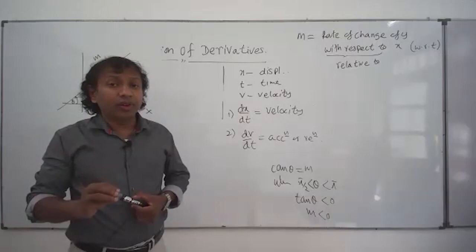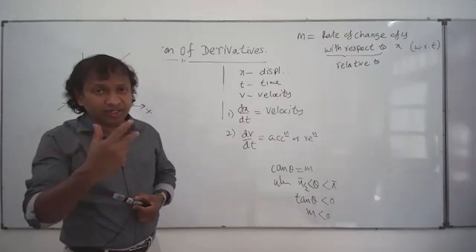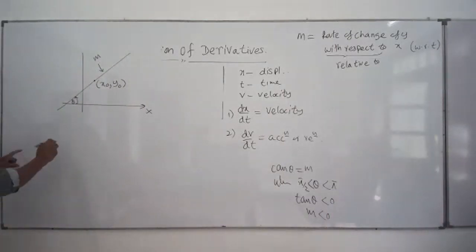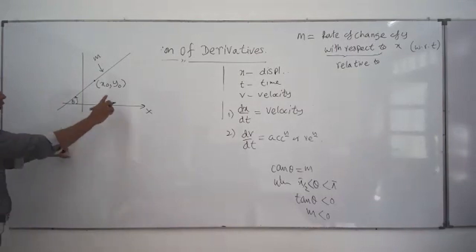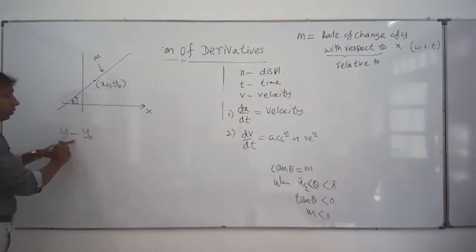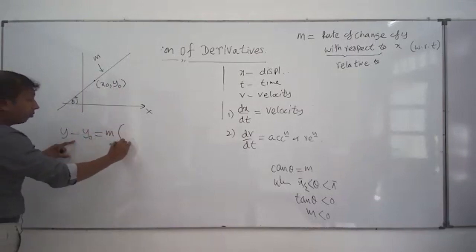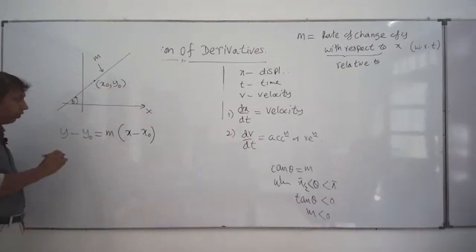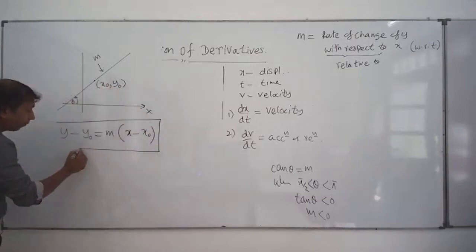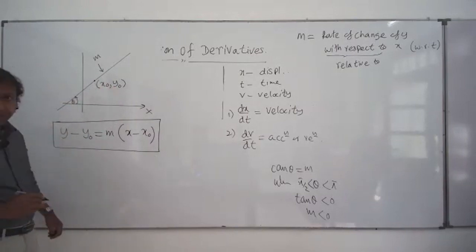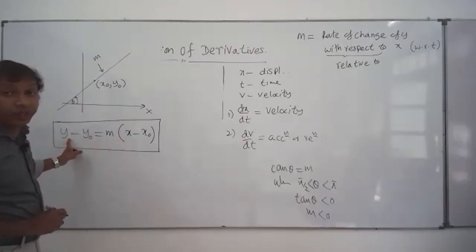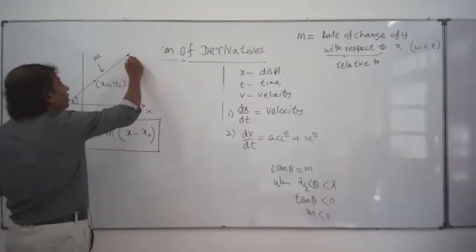Remember, we prove this one in the straight line lesson. The equation of the straight line is obtained like this: y minus the y coordinate of the given point, y0, equals the gradient times x minus the x coordinate of the given point. This is how we take the equation of the straight line. Understand? This x and y represent the x and y coordinates of any point.